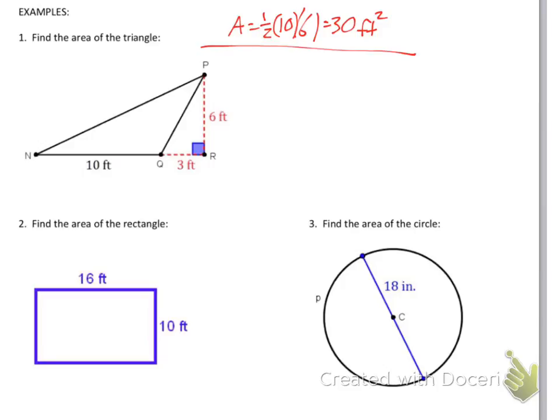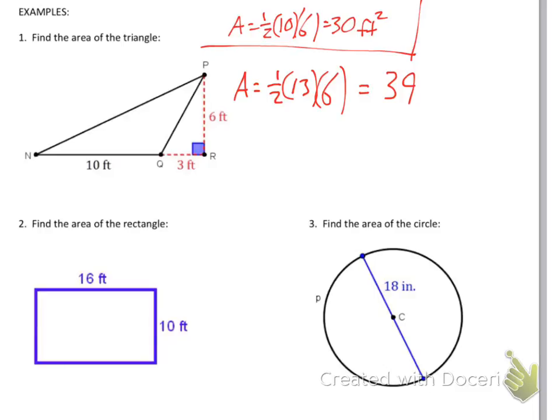Because this is totally separate. The answer is 30 feet squared. Remember that. Would you say that the area of the super large one would be 1/2 times 13 times 6, which is 39?